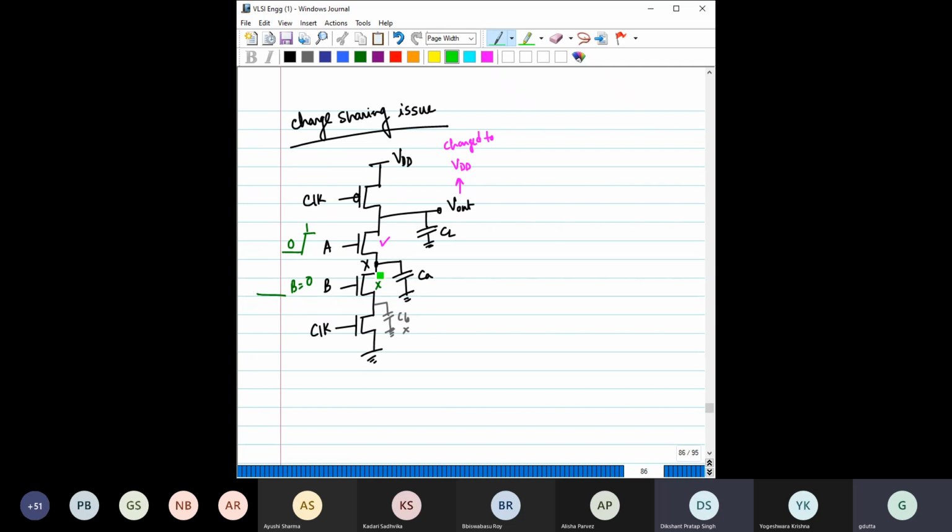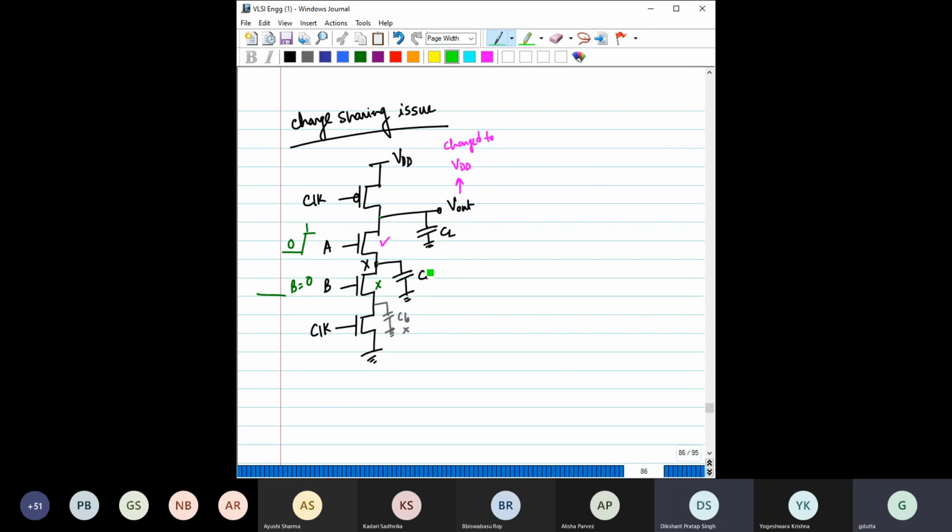You can say this and this are shorted. If this transistor is fully on, then this potential and this potential have to be the same, right? The charge that is lost from here will be collected by this.